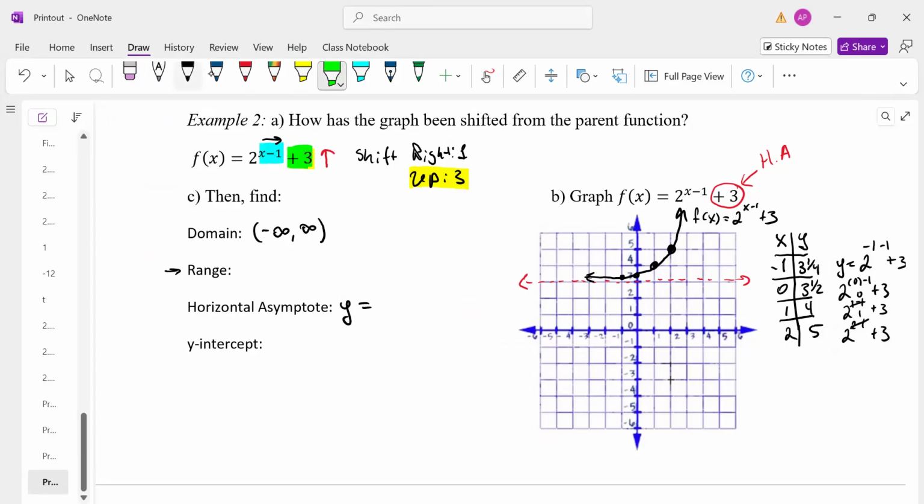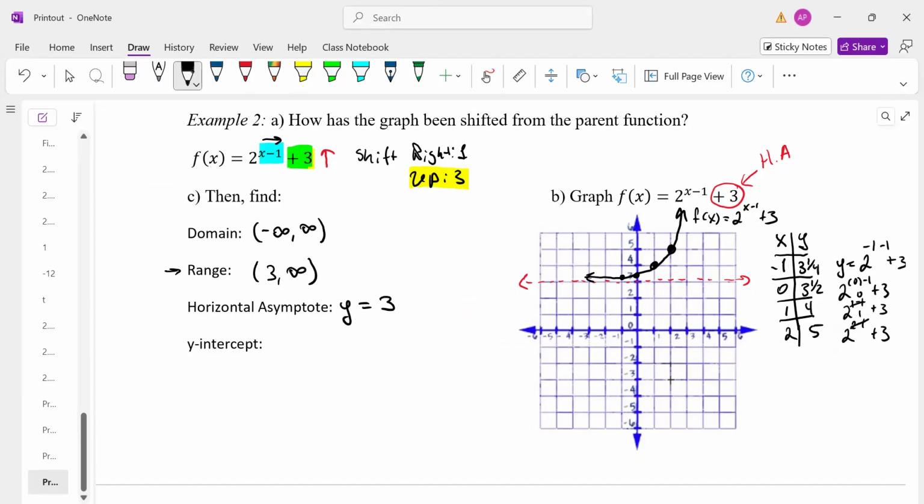So if it's plus 3, that means that it's going to be y equals positive 3. Now the range, you do need to look at the graph and see whether the graph is above or below the horizontal asymptote, because sometimes the graph could be flipped around the horizontal asymptote. So in this case, the graph is above the horizontal asymptote, therefore the range would be from 3 to infinity.